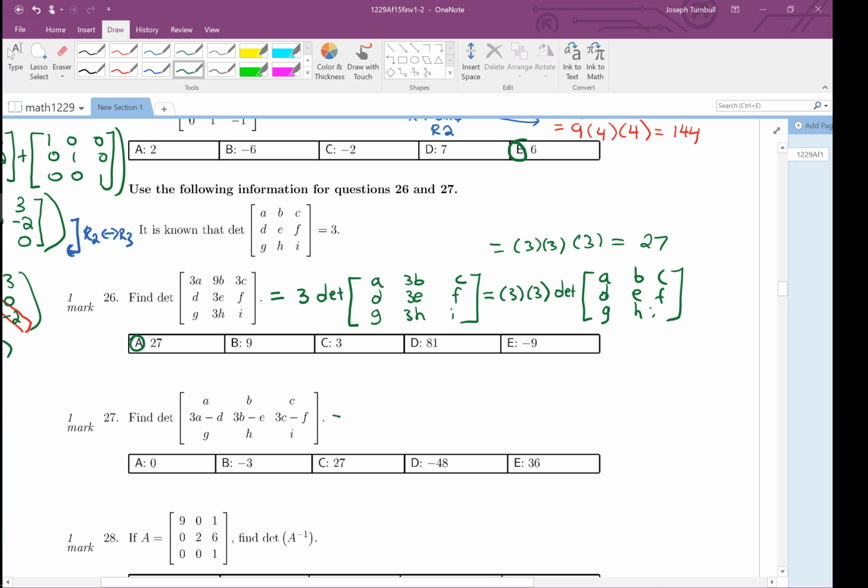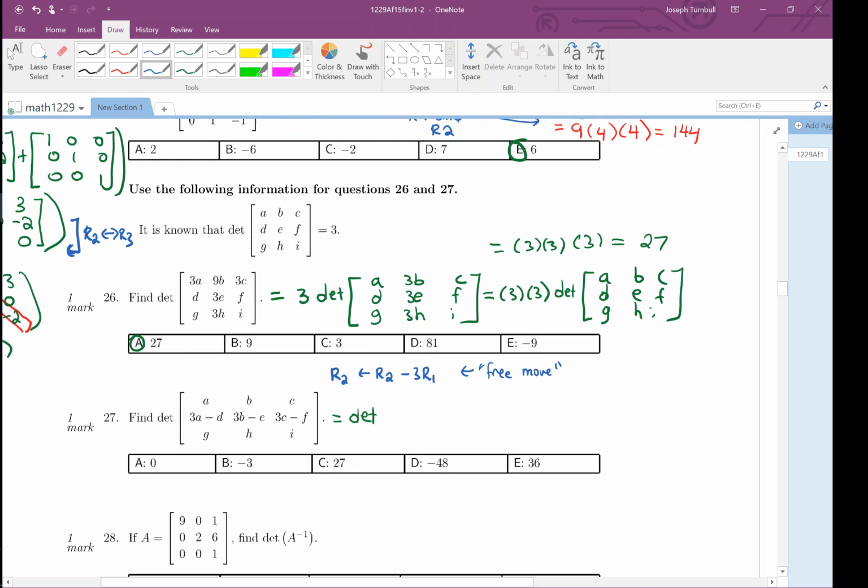To make it look more similar, I see that 3A, 3B, 3C, I don't want those there. So I'm going to take row 2 and replace it by row 2 minus 3 times row 1. And that's a free move. That elementary row operation does not change the determinant.